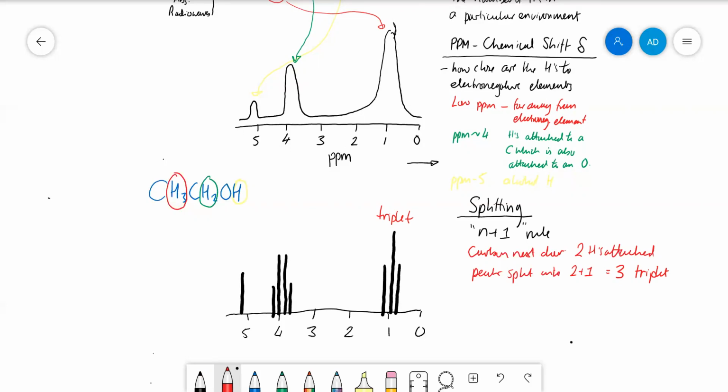You should be able to see now why these green hydrogens are split into a quartet. Because the carbon next door to them has 3 hydrogens attached to it, the peak is split into 3 plus 1, 4, which is called a quartet.